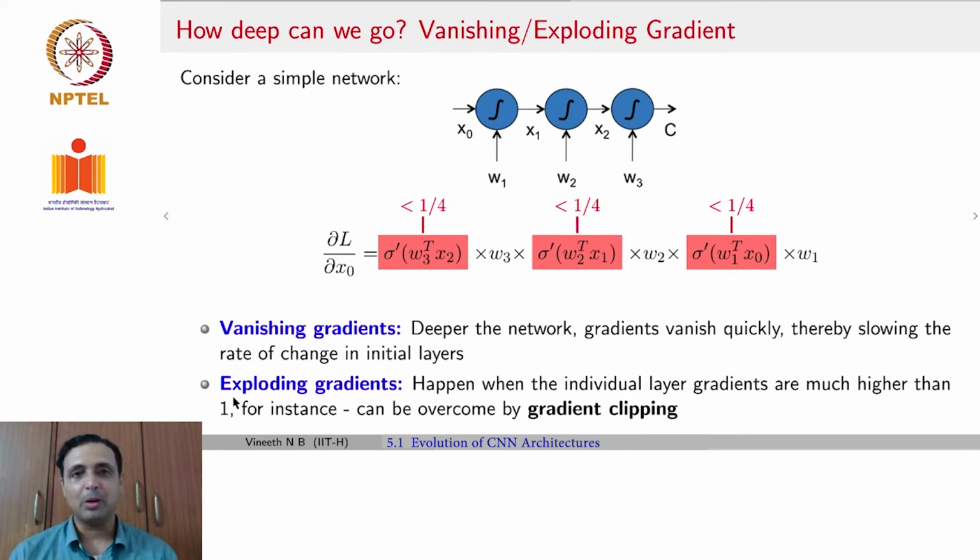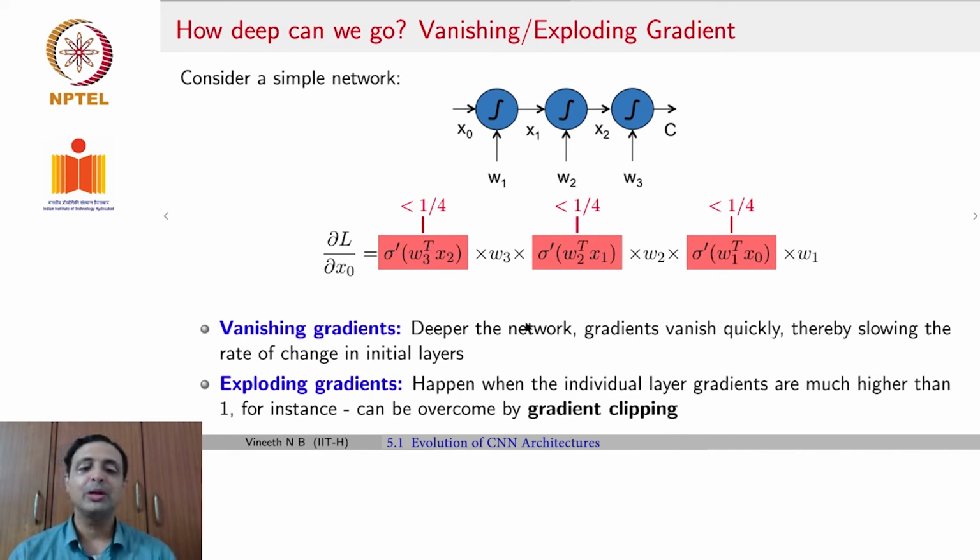The complementary problem, known as the exploding gradients, can happen when maybe there is another activation function such as ReLU, where the gradient could be 1 or greater than 1, or depends on what the activations are, or as I said, any other function where these terms end up becoming greater than 1. The product of those values, as you go deeper through many layers, can explode to a high value, and that also can cause problems.